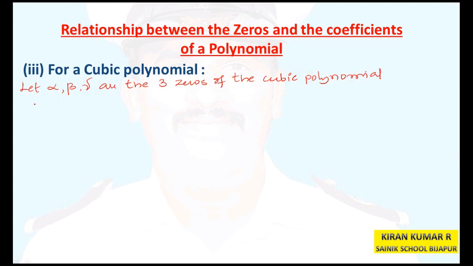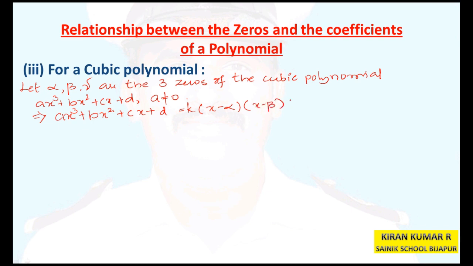The general form of a cubic polynomial is ax cubed plus bx square plus cx plus d, where a is not equal to 0. This implies, like the previous discussion, we will express this cubic polynomial as k times x minus alpha into x minus beta into x minus gamma.